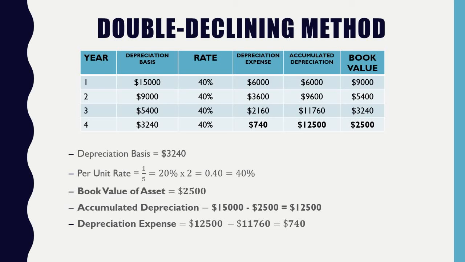And once you've reached your 2,500, that's it. You have to stop there. And you either revalue your asset, or you're more likely to just write it off and either sell off the machine or get rid of it in general.